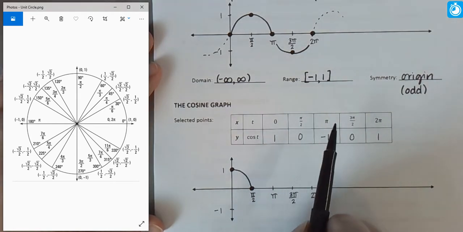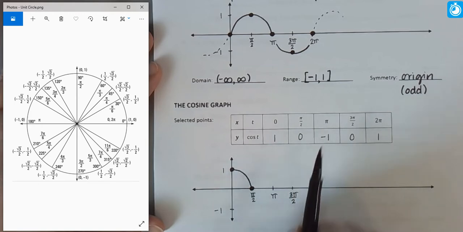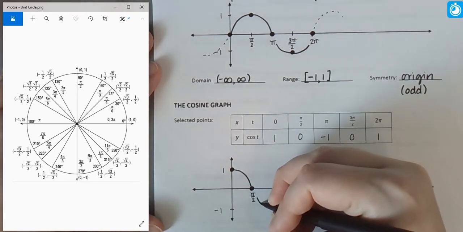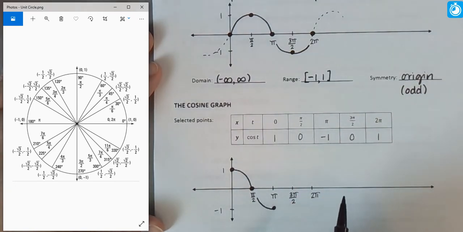Now as we go from pi/2 to pi, again, now we're on the left-hand side of the unit circle, where all of the first coordinates have negative values. So we continue to decrease from an x-coordinate of 0 to an x-coordinate of -1. So our cosine drops down to -1. Once we continue rotating to 3 pi/2, now we're increasing again. So we're still in negative values, but we're increasing again.